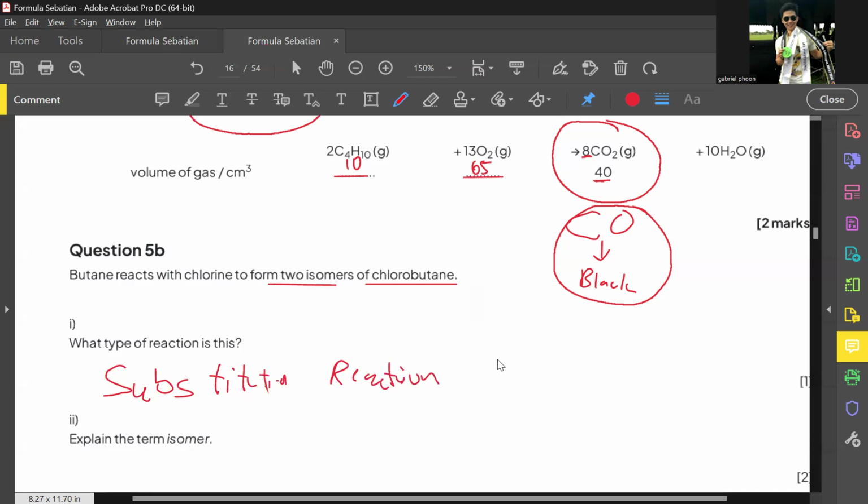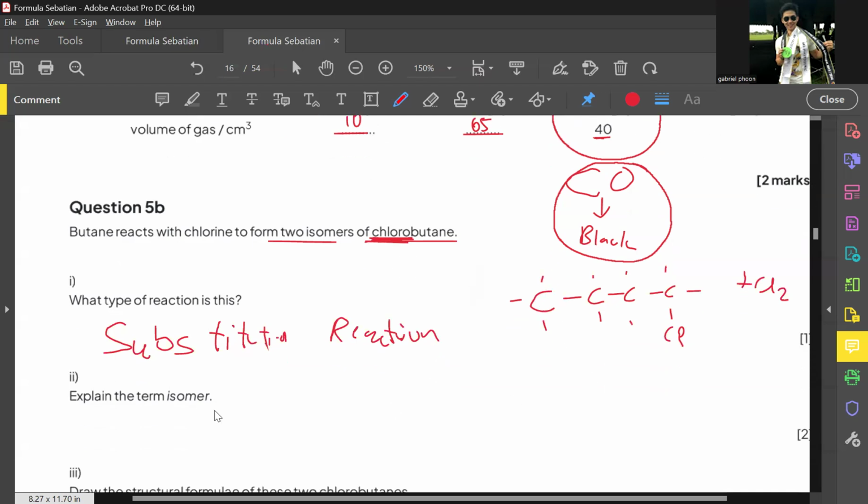But basically, for those who don't know what's going on, the C and then H, all this was originally H, right? But right now I substitute chlorine in it because I'm adding chlorine, so instead of it being H here, I'll put a Cl here. And this is what we call substitution method. Then it will become chlorobutane.